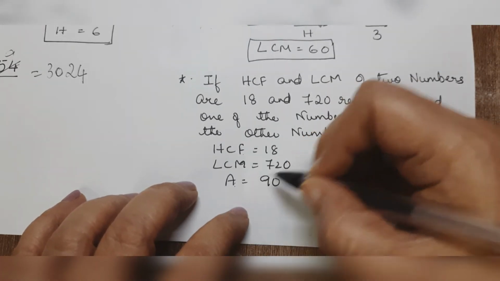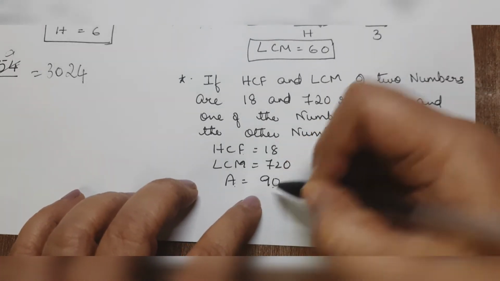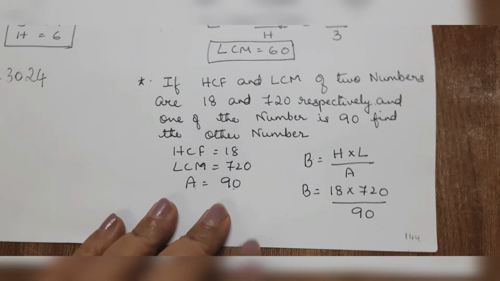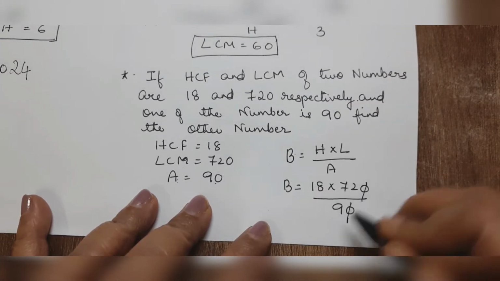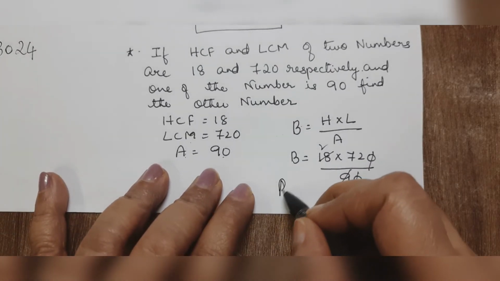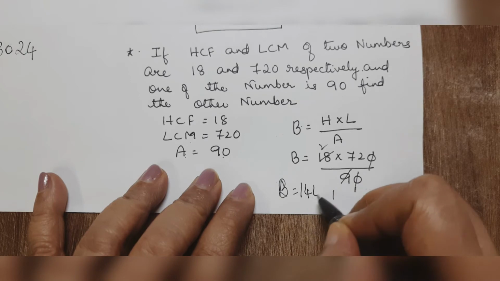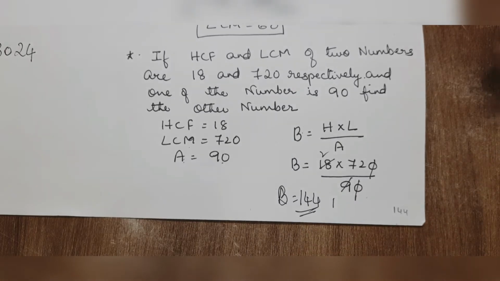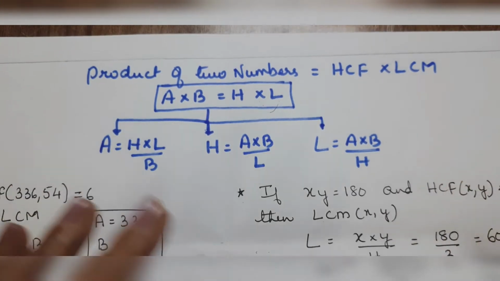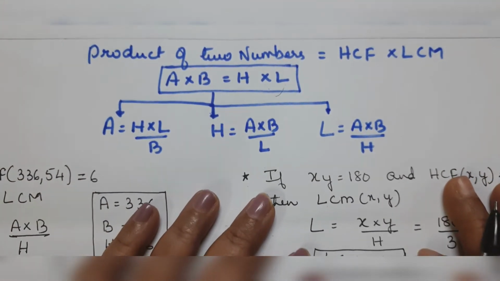Now consider the other number as 90. We will find B here: H into L divided by 90. Cancelling the zeros, we get B as 144. Therefore, the other number is 144. I hope this concept is clear for you. You can pick up a few more questions and practice on this.